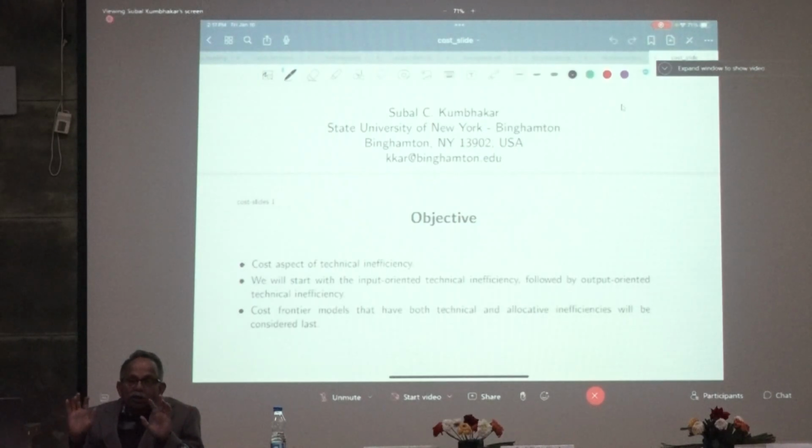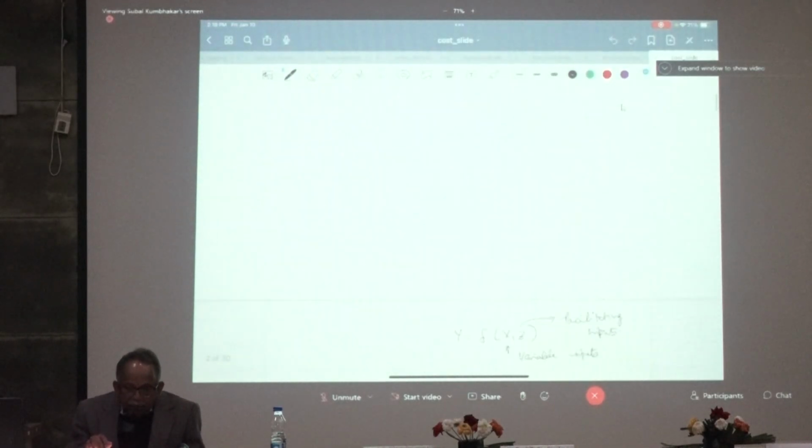One where we are talking about service type industries, where outputs are exogenously determined, and then the other one is the regular case where output is going to be determined by the firm, by maximizing profit or that type of thing. Right? So here again, I'm going to be talking about cost minimization. That means output is going to be exogenously given.